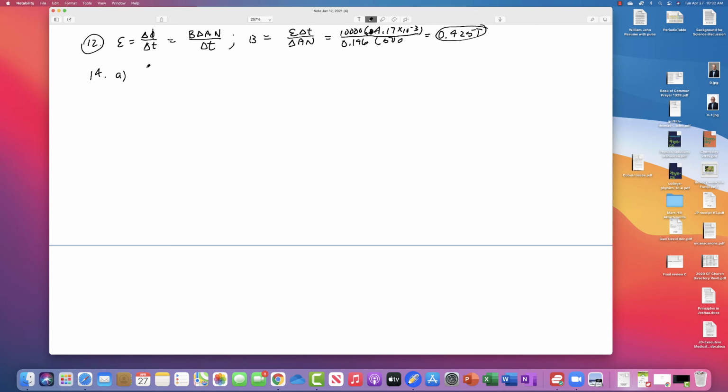So again, the E is equal to N times delta psi over delta t.